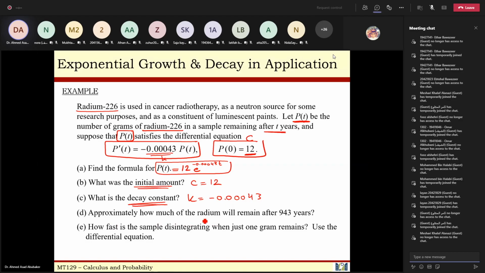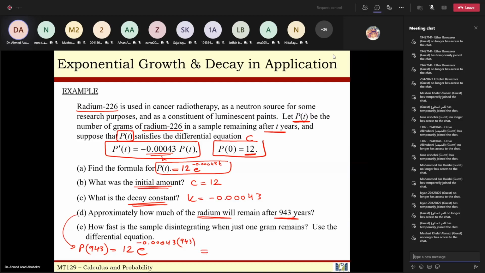Approximately how much radium will remain after 943 years? Just substitute 943. B of 943 equals 12 multiplied by e to the power negative 0.00043 multiplied by 943.